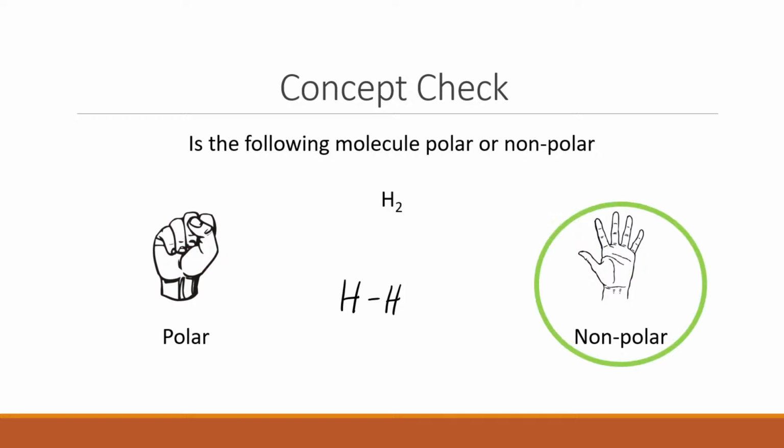This is a nonpolar molecule. We can draw multiple lines of symmetry. We can draw one vertically, we can draw one horizontally. This even has symmetry in the classic sense, where it's literally symmetrical. We're not even worried about letters that aren't symmetrical. This has multiple lines of symmetry, making it a nonpolar molecule.